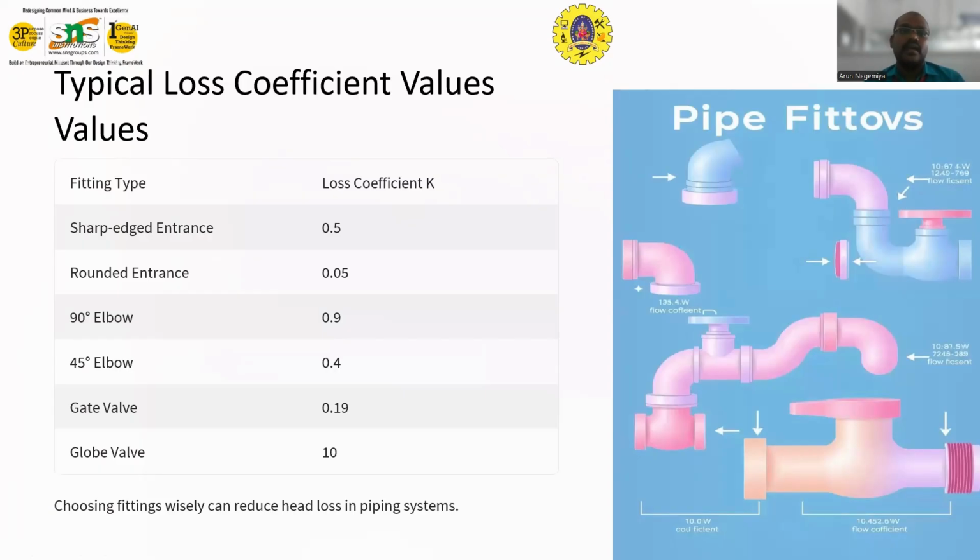For example, for a sharp-edged entrance, the loss coefficient is 0.5. For a rounded entrance, we can use 0.05. If the bend is 90 degrees, we can use 0.9. If the bend is 45 degrees, we can use 0.4.